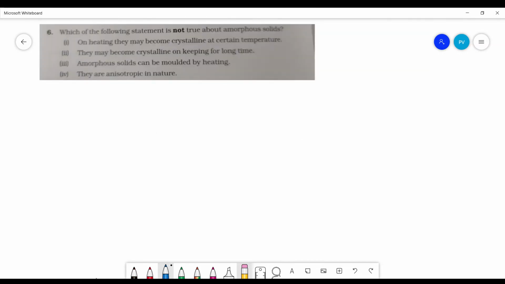Question number 6. Which of the following statements is not true about amorphous solids? Again, same reason. Amorphous solids are isotropic in nature.